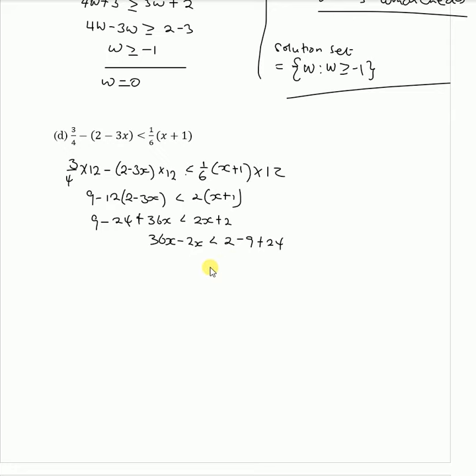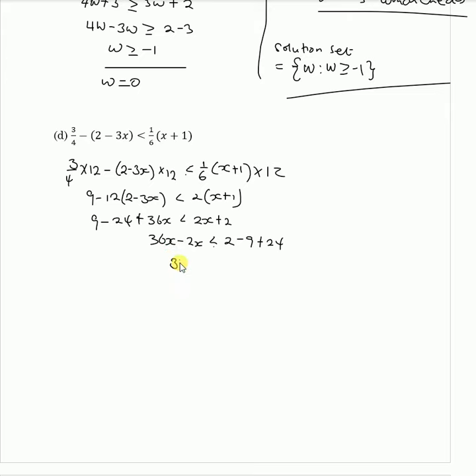That's what we are going to do. The 9 will cross the inequality sign, gets a negative on the right hand side. The 24 was negative here, it becomes positive upon crossing the inequality sign. 2x was positive here, becomes negative on the left hand side upon crossing the inequality sign.